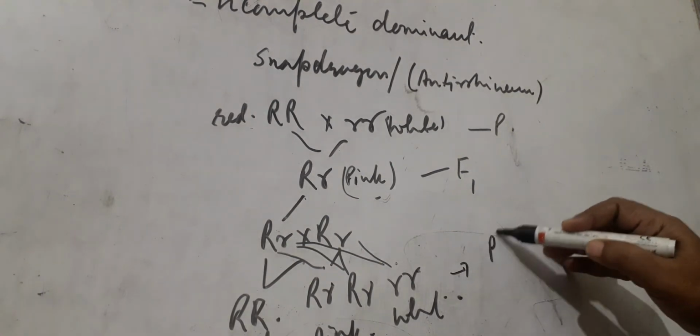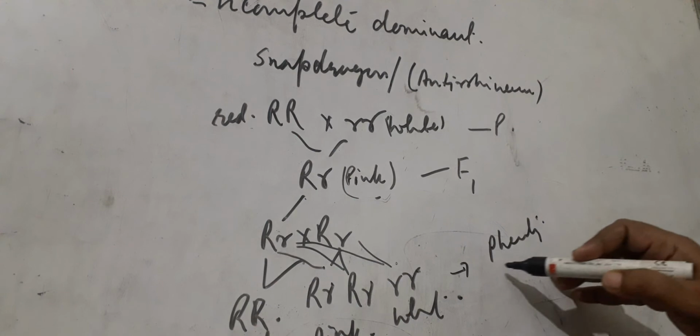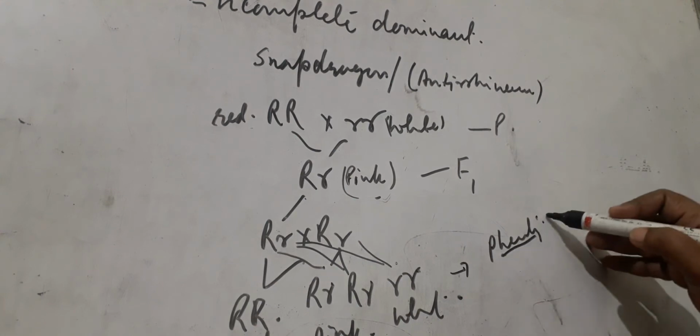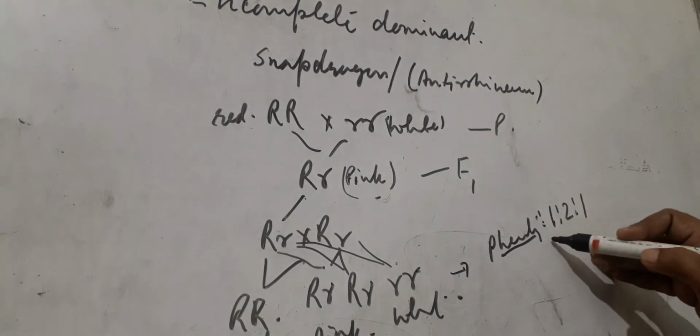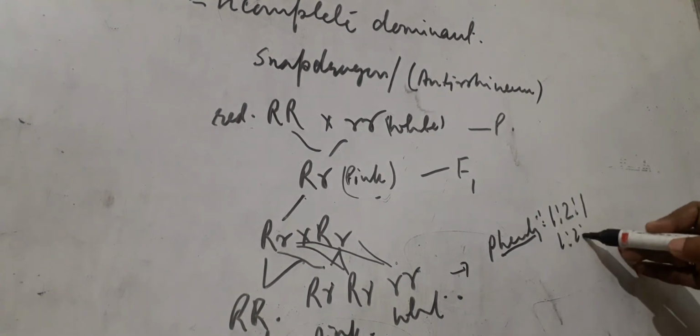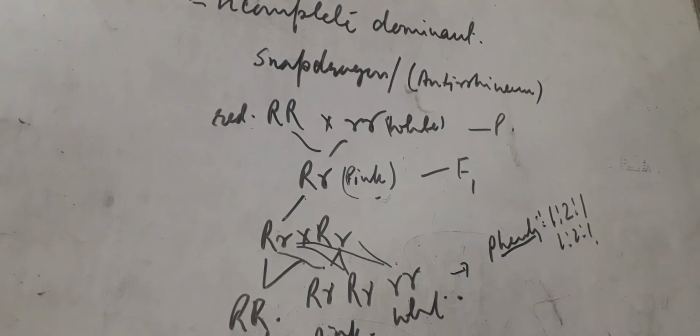It shows segregation also. Here the phenotypic ratio is different from Mendel's cross. In phenotype it shows 1:2:1, and in genotype it also shows 1:2:1. According to Mendel's law, it should be 3:1. Clear? So that is incomplete dominance.